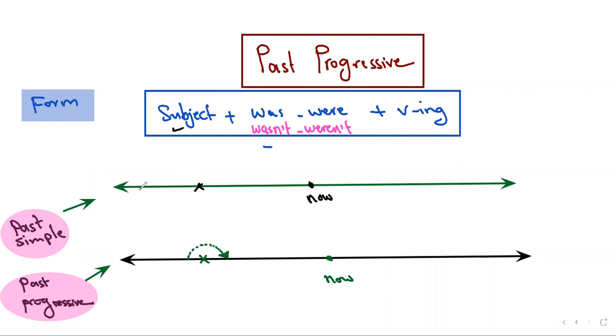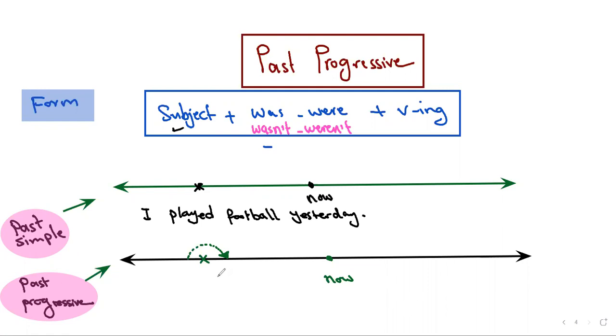Now look at this timeline, and this is a point in the past. I can say in this example, I played football yesterday. So in this sentence, we have the past simple because I'm talking about something that happened in the past in general.